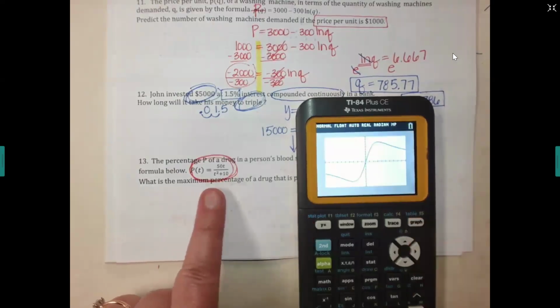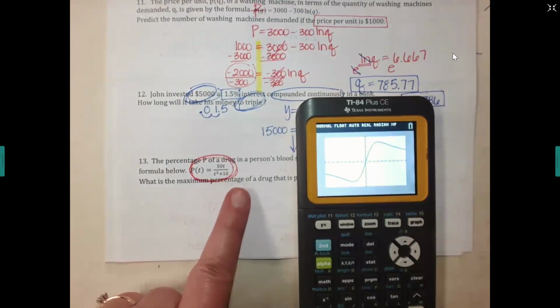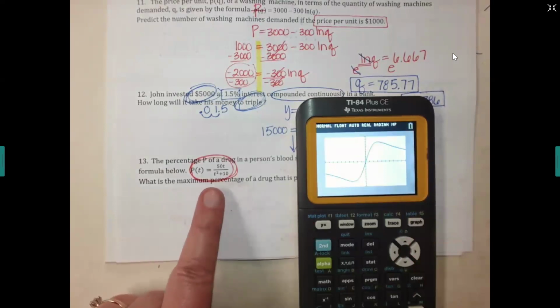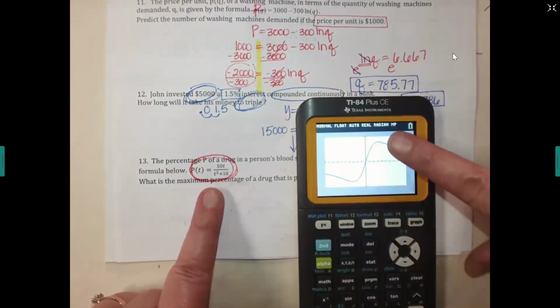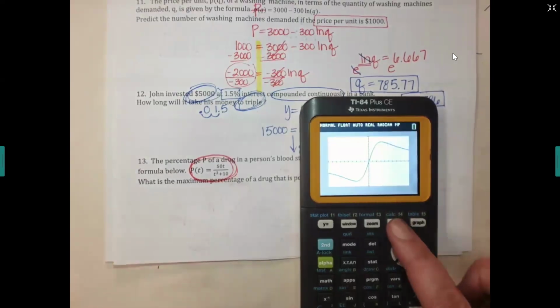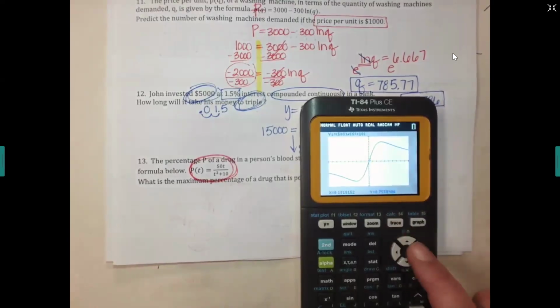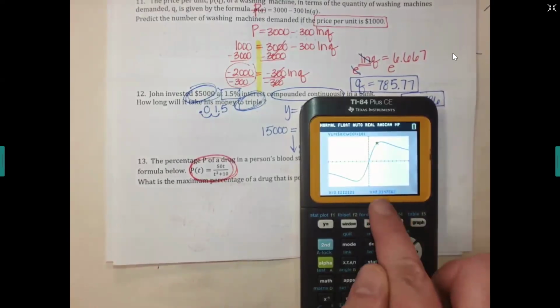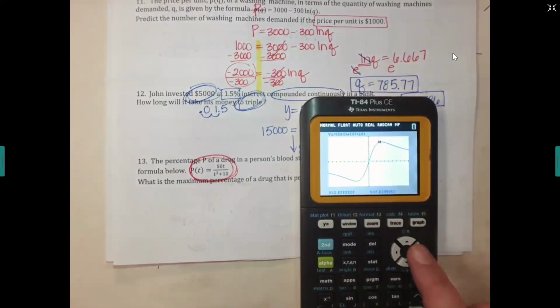They are asking me for the maximum percentage, so the easiest thing is to find the highest value here. I'm going to hit trace and go over until I can make this number as big as I can. It looks like I'm pretty much right at the top here at 7.87.